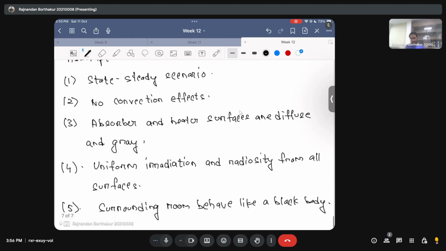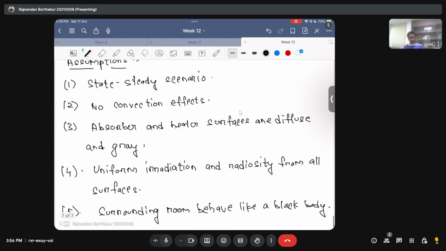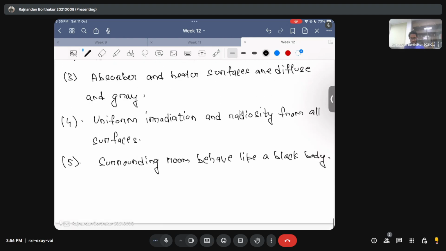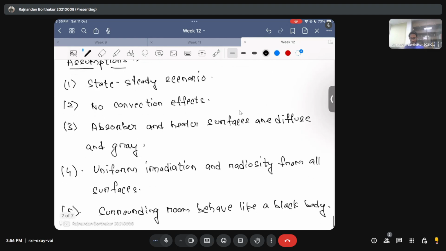So these are the assumptions that we'll consider, and of course, you need to consider this assumption in order to use the radiation network analogy that we are trying to develop here. Maybe I'll stop here for a couple of minutes. You can at least try to understand this assumption and the implication of the assumption in solving this particular problem.